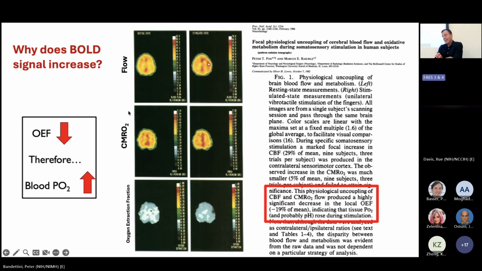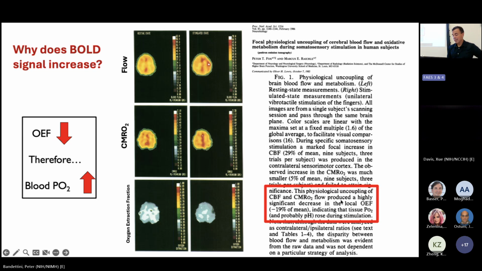And so I dug in the literature and I found two really good papers that actually explained why the signal should go up. They were there in the literature since 1986, at least for Peter Fox. Here was a PET study that showed flow and metabolic rate, and compared the two to get a measure of oxygen extraction fraction.